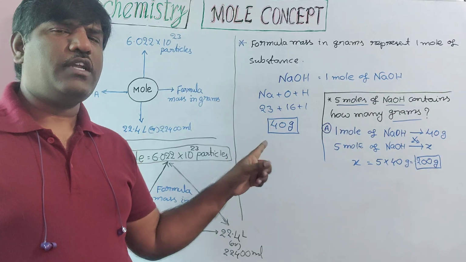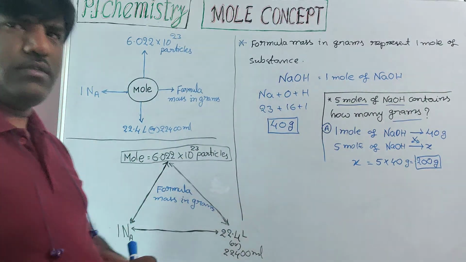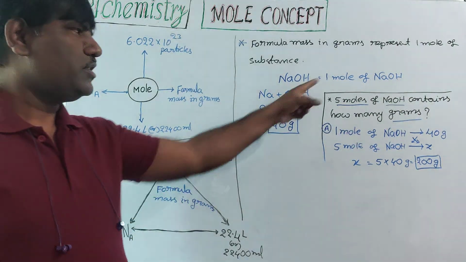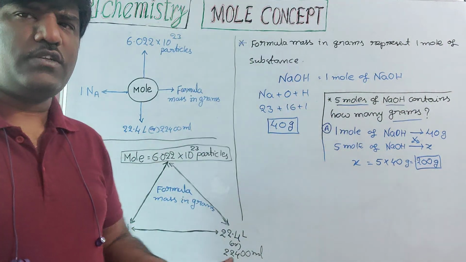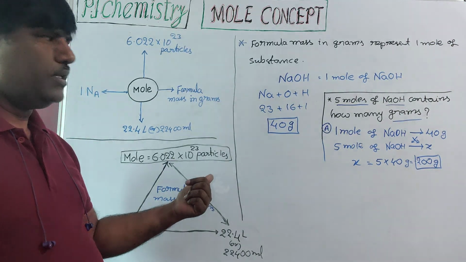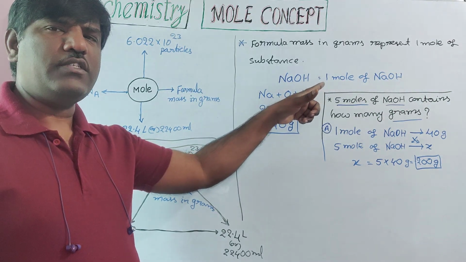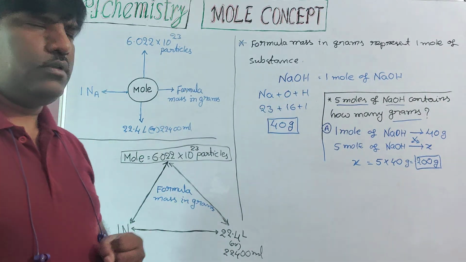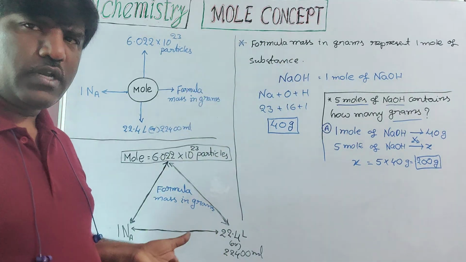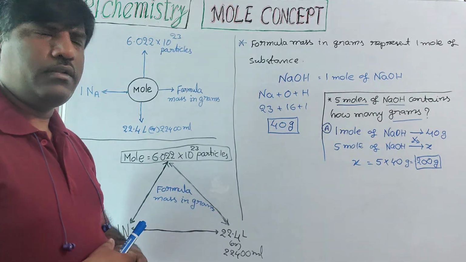Now, 40 grams of sodium hydroxide contains how many particles? 40 grams is nothing but 1 mole, and 1 mole contains 6.02 into 10 power 23 particles. How many Avogadro numbers? 1 mole is equal to 1 Avogadro number, so 40 grams is also 1 Avogadro number.